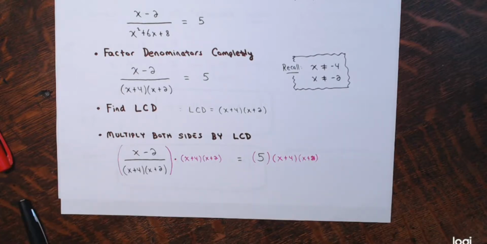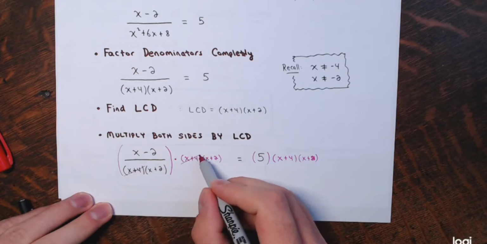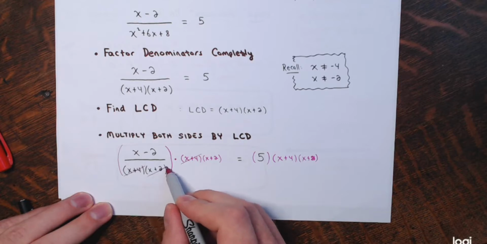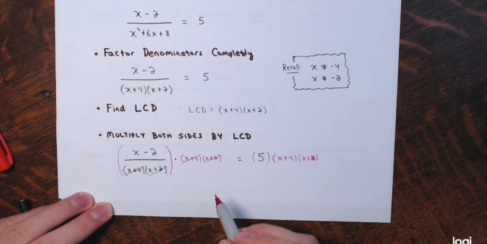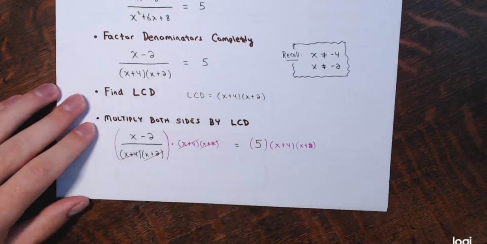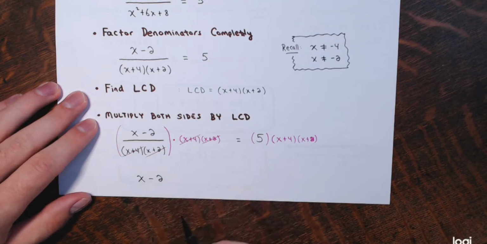Now the whole point of multiplying both sides by the LCD is so that the denominators will cancel. Look at this left side here. See the x plus 4 in the denominator, x plus 4 in the numerator now when I multiply by the LCD. X plus 2 in the denominator, x plus 2 in the numerator. So all I'm left with now on the left side is x minus 2, because the denominator went away.